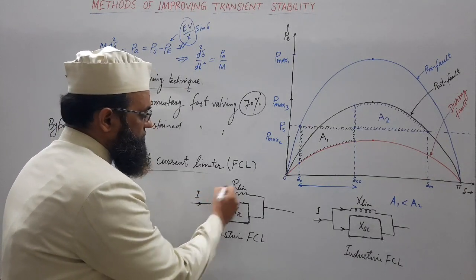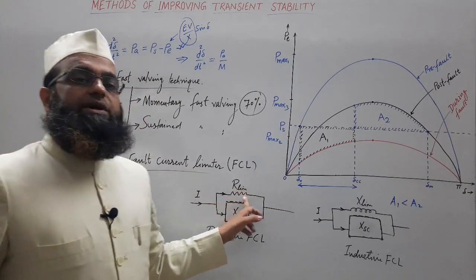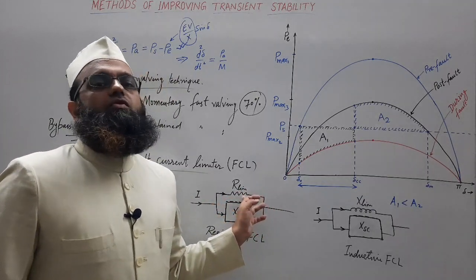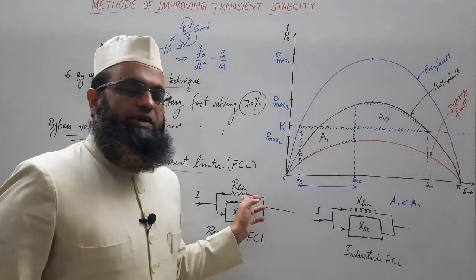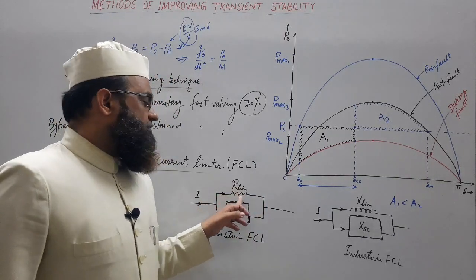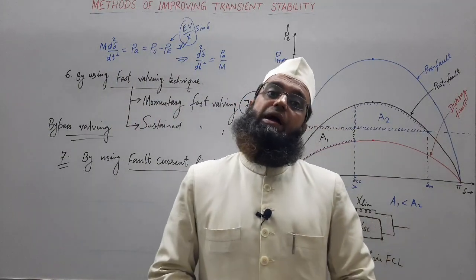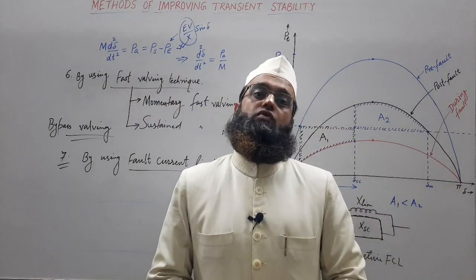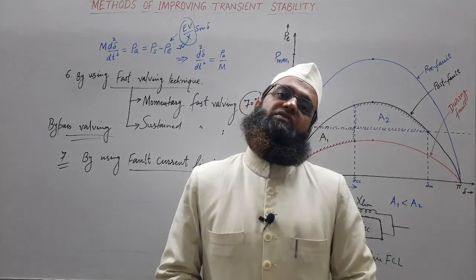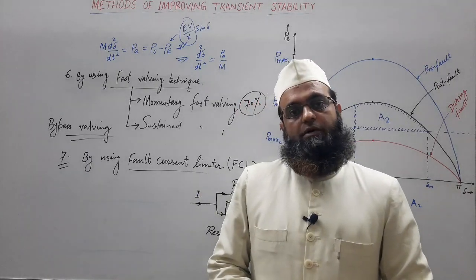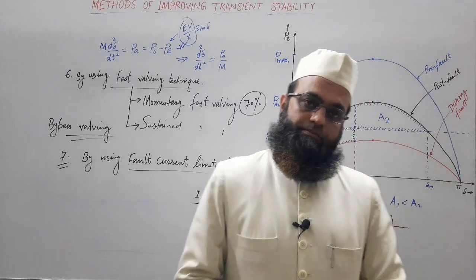Once it passes through this, ohmic loss will be there. This will consume the extra kinetic energy stored in the rotor due to acceleration of the rotor in abnormal condition.